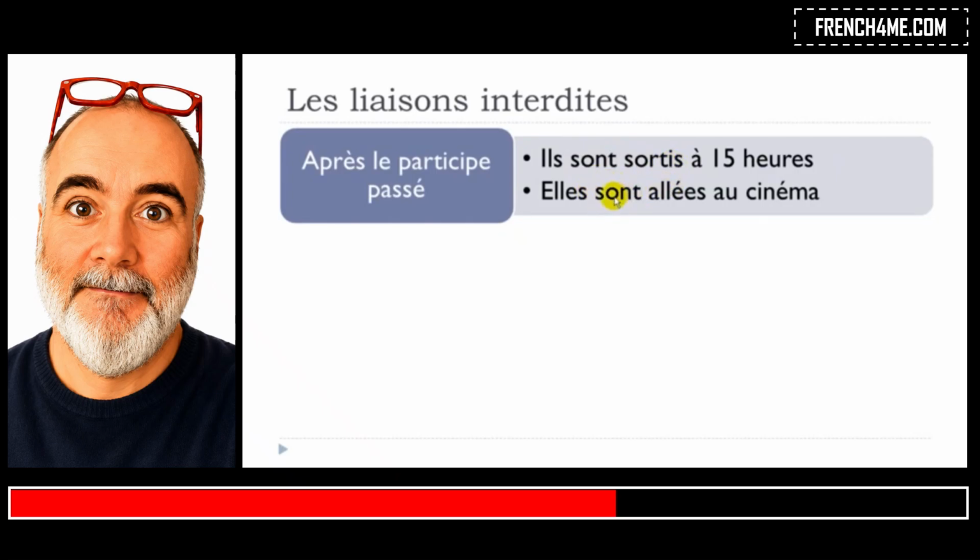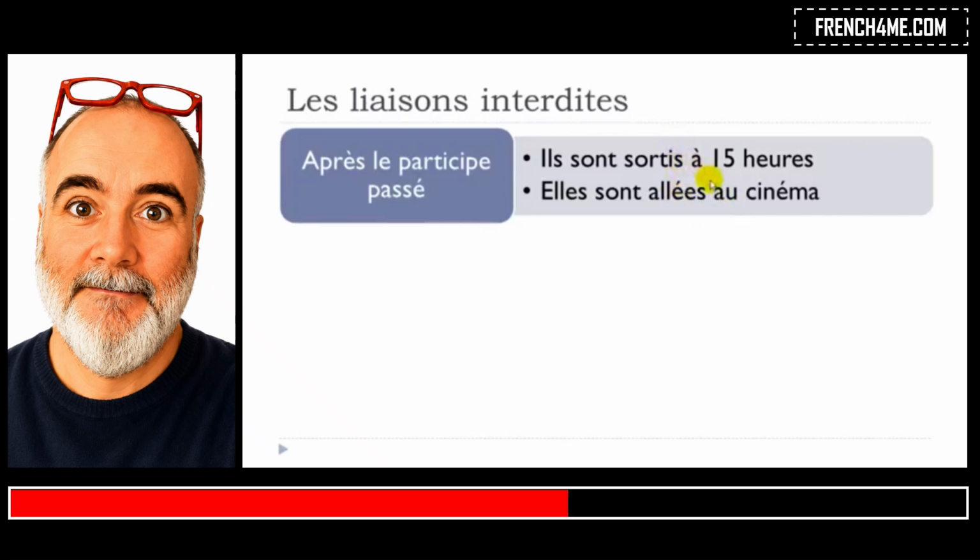We've got the verb être, to be, and after that the participe passé form, and together they give you the passé composé form. So if you think about what we said, après le participe passé, this is the participe passé, sorti, and this is here the participe passé, and both end with s, it would be possible to make a link between s and à here, and s and au here. But the rule is quite strict.